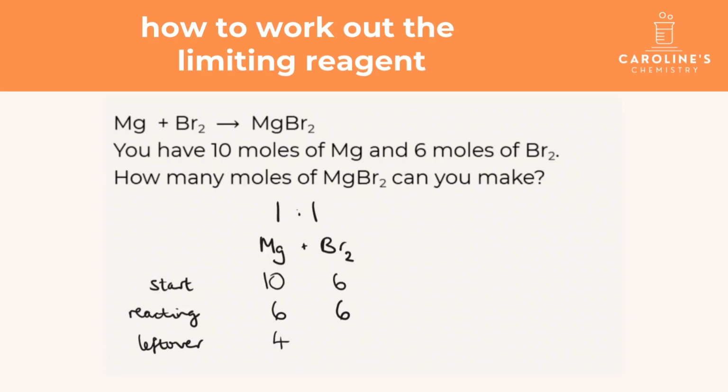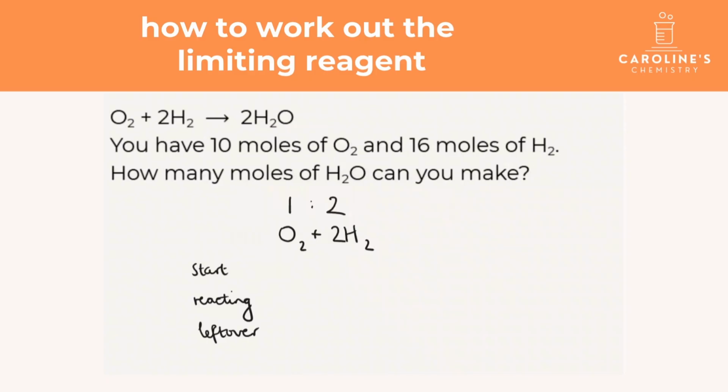That means we have 4 moles left over, and that means that the magnesium is in excess. We had 6 moles of the bromine to start and 6 moles reacted, so there is nothing there left over. So that means bromine is the limiting reagent. No more of this reaction can happen because we've run out of bromine.